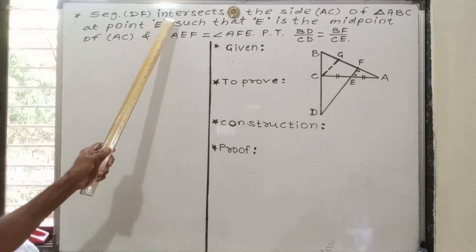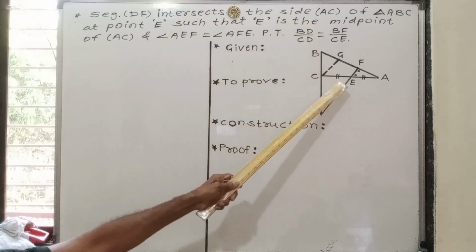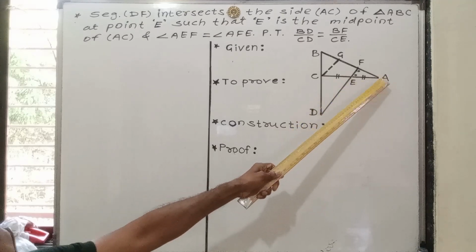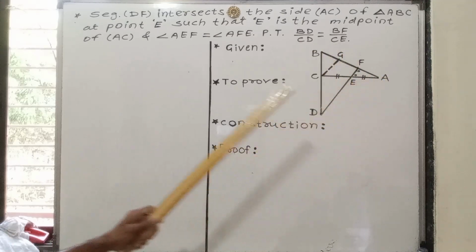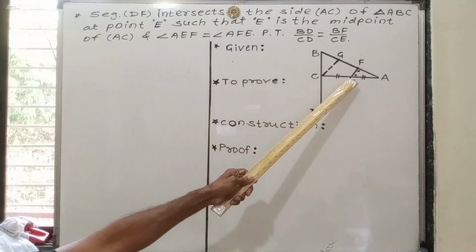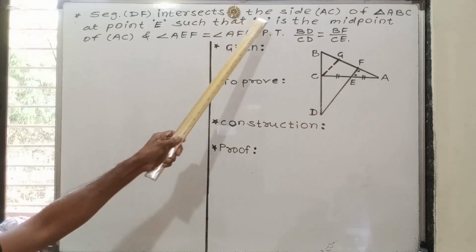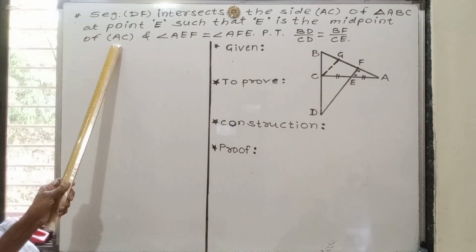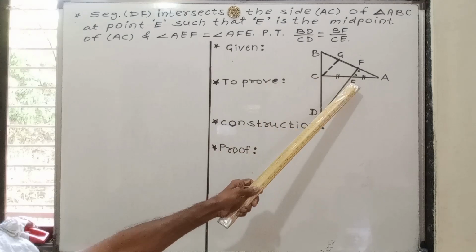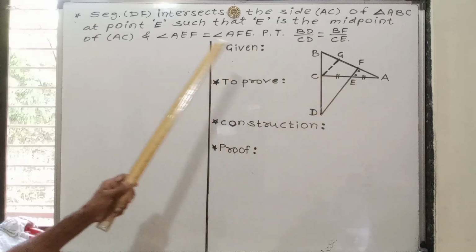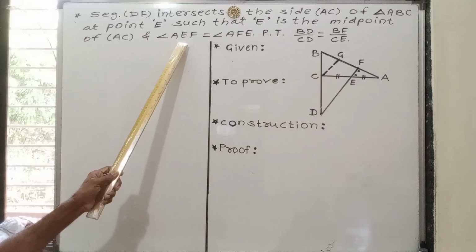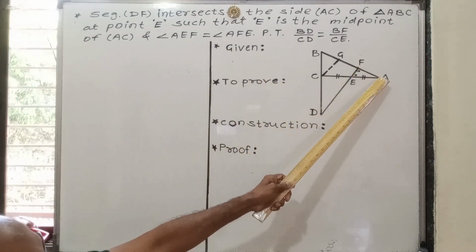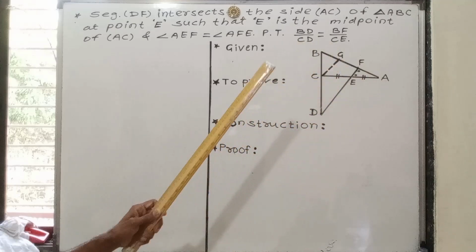DF intersects the side AC of triangle ABC at point E, such that E is the midpoint of side AC, and angle AEF is equal to angle AFE.